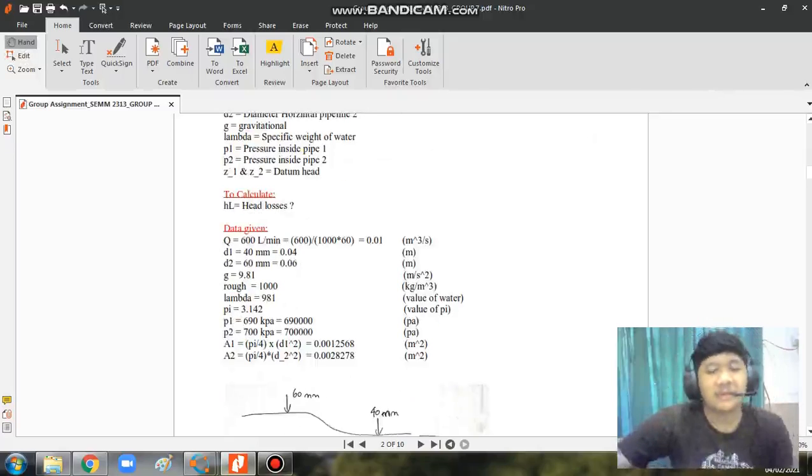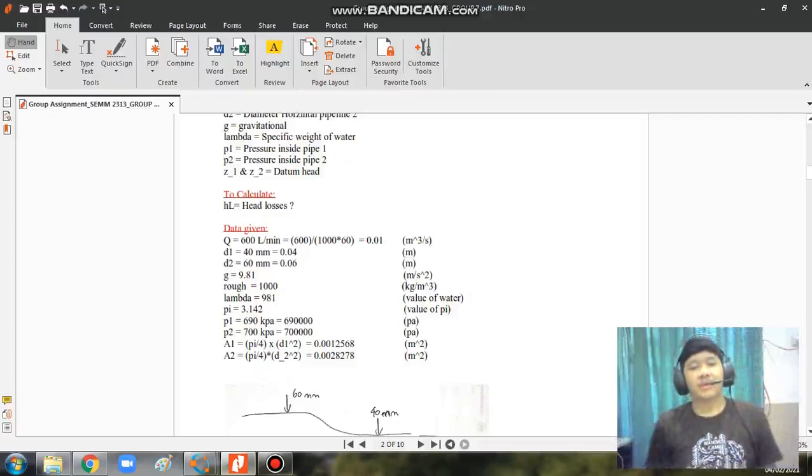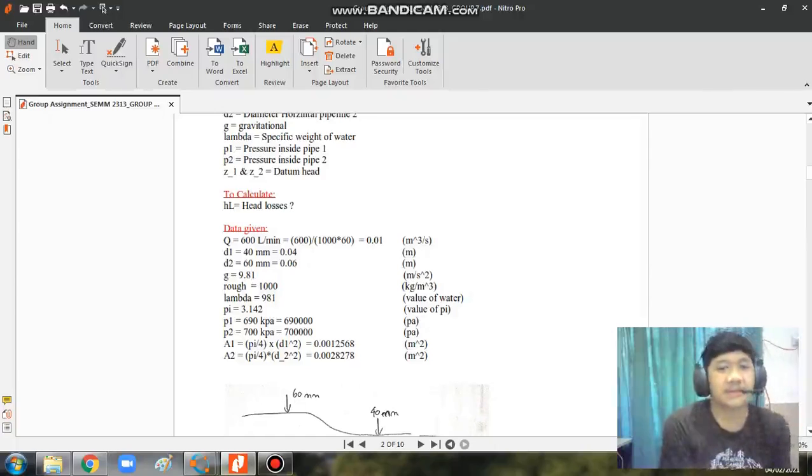From the data given, we have 600 liters per minute. We convert it into meter cubed per second. From liter to meter cubed we divide by 1000, and from minute to second we divide by 60. So we have 0.01. D1 we also convert from the question.